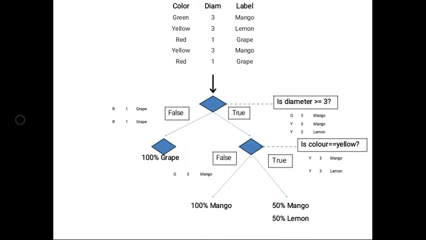In order to build a decision tree, we use an algorithm called CART. CART stands for the classification and regression tree algorithm. In this example, the dataset is the root.